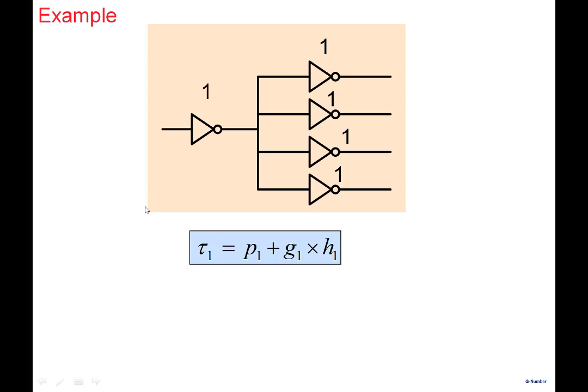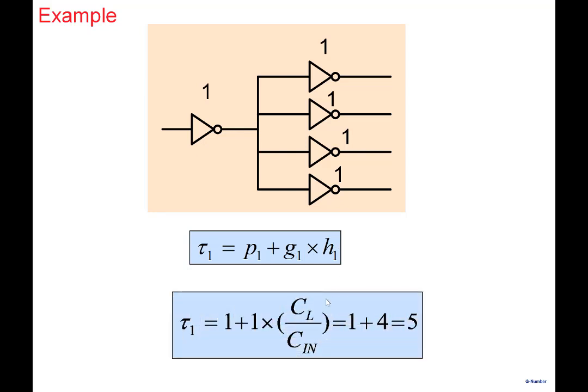And we were looking at different examples. For example, we can apply this method to find the delay of this particular inverter. When we look at the delay of any gate or inverter, we write it as P plus G into H. Now, the parasitic delay of an inverter is 1 because everything is normalized by the intrinsic delay of an inverter. So P is 1, and G is also 1.